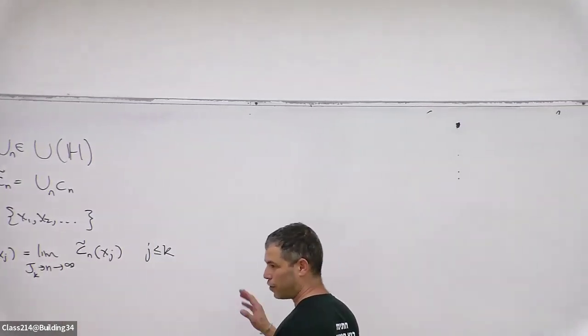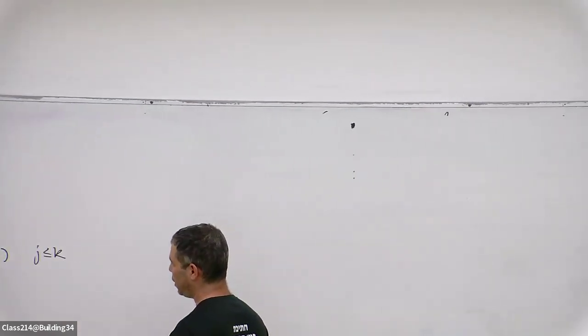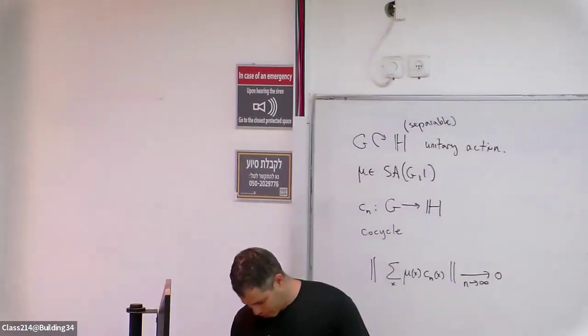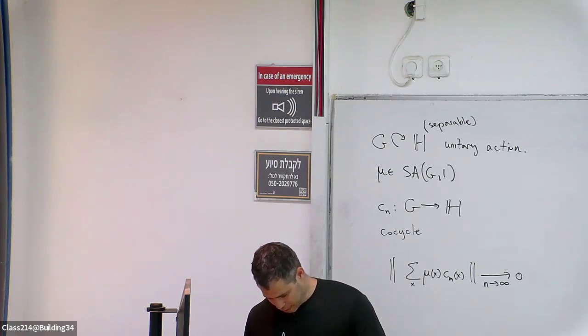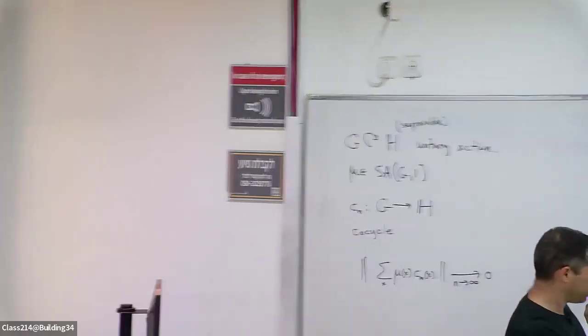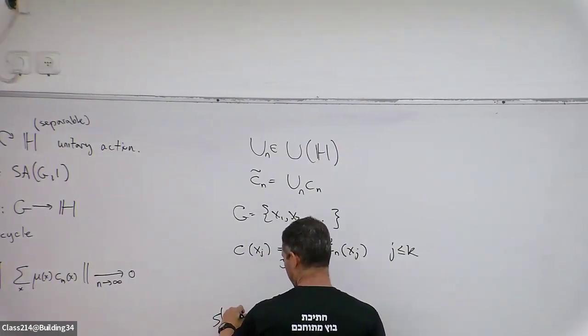Okay, so we had this convergence. What we wanted to define was the action. We needed to show it's a cocycle. What we showed was harmonicity around 0. Now we want to say that it's a cocycle, and then the sum being equal to 0 means that it's harmonic at 0.